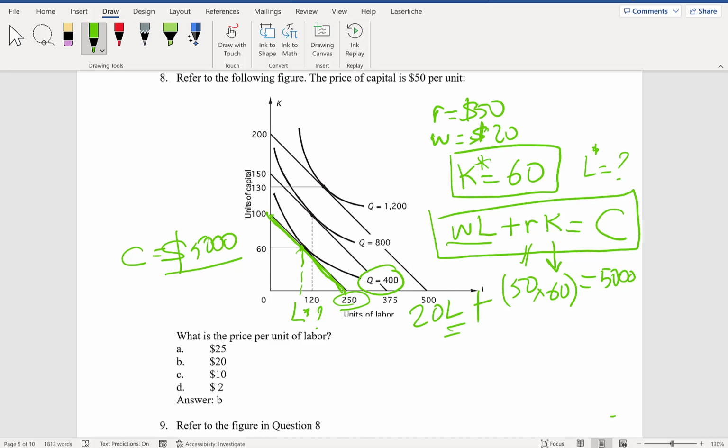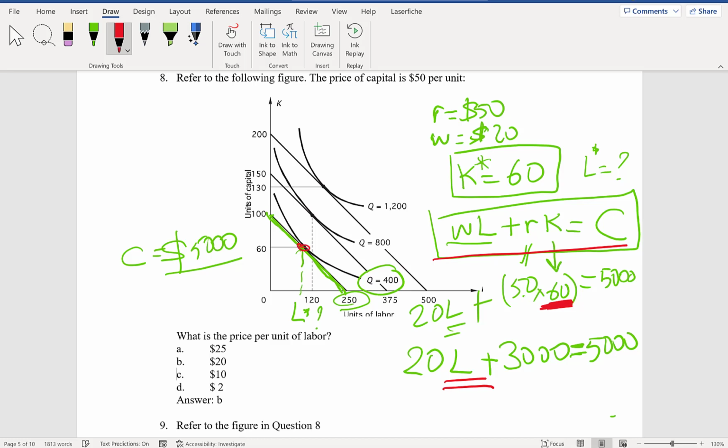So what are we doing, folks? I have the equation for this line. 20L plus 3,000 equals 5,000. How did I get this? This is my equation. Once I plug the capital into this equation, you can solve it for labor and you would find this intercept point here. 3,000 goes to the other side.